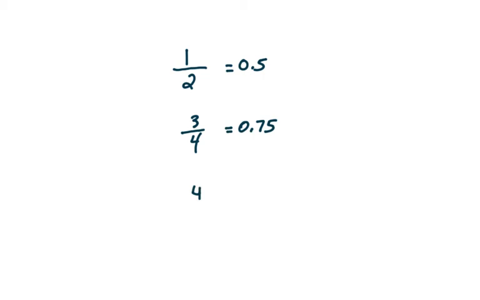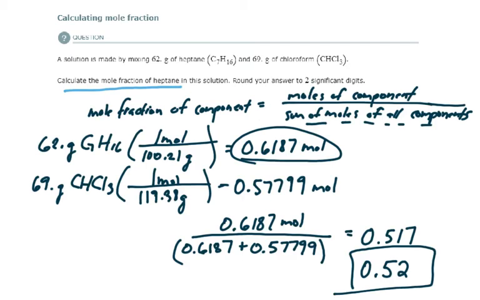Now, if the numerator and the denominator are the same, then it's 1. So when I look here, this value is always going to be less than the total sum, or it could be fairly close to equal to. But as long as there's more than one component, this is always going to be less than the sum of these components as far as the number of moles.